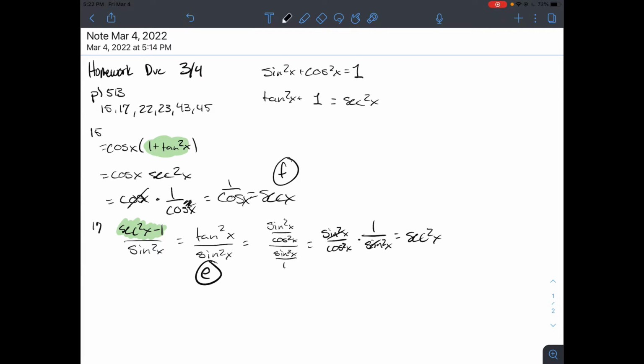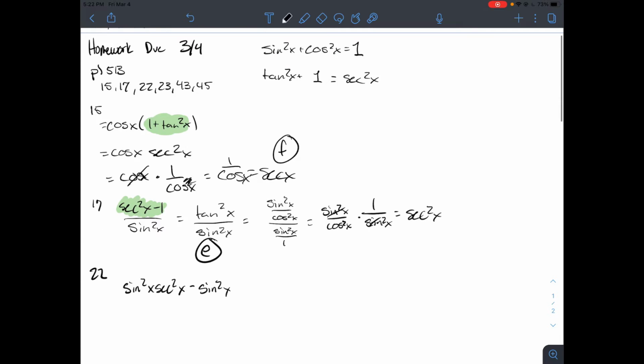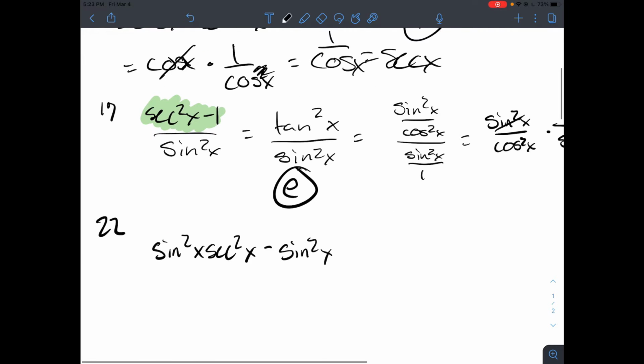So that's those two. Let's look at what we got next. 22. So 22, we are simplifying. We have sine squared x secant squared x minus sine squared x. So I have two different terms, but I have a sine in each term. And I know if I pull out a sine squared, I'm going to be left with a secant squared minus 1.